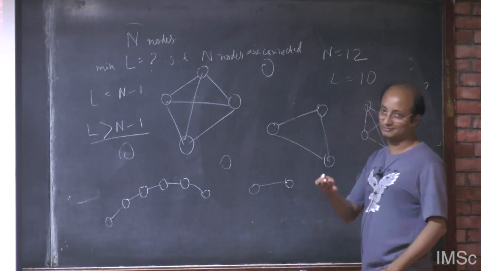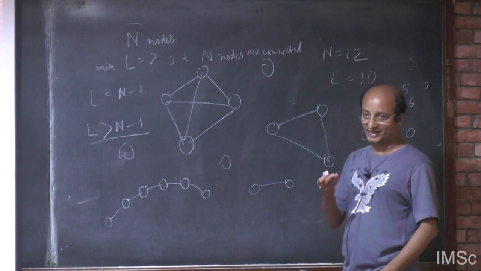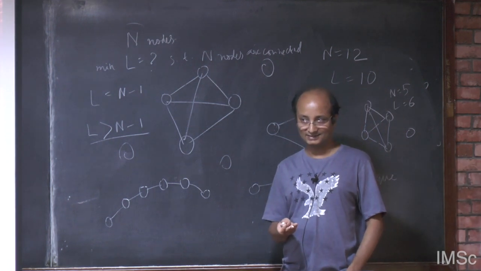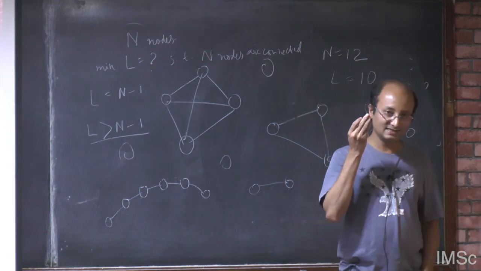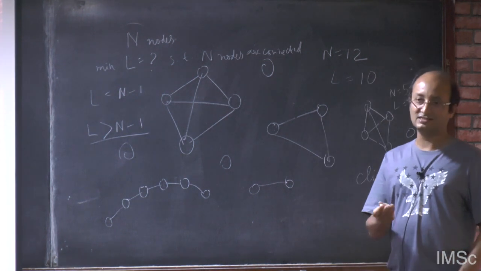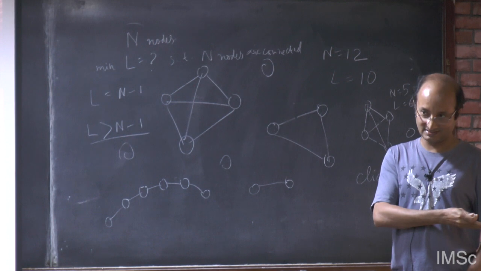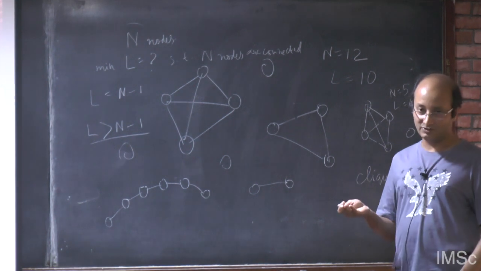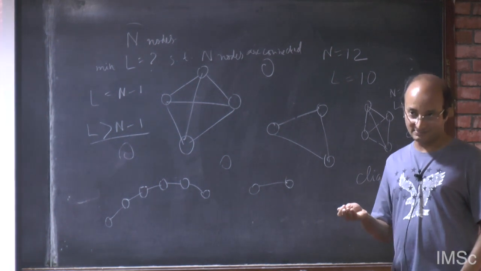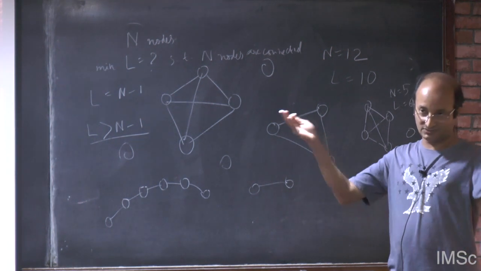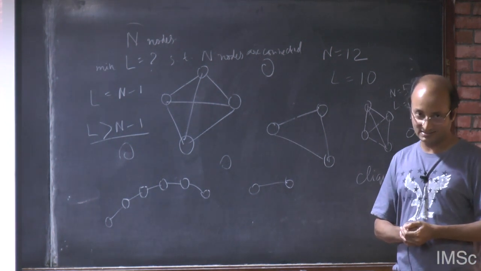So it's a problem in combinatorics, right? So you have n nodes and every node has to be connected with n minus 1 other nodes. Okay? So the total number of edges would be n times n minus 1 because every node would have to connect to n minus 1 other nodes.